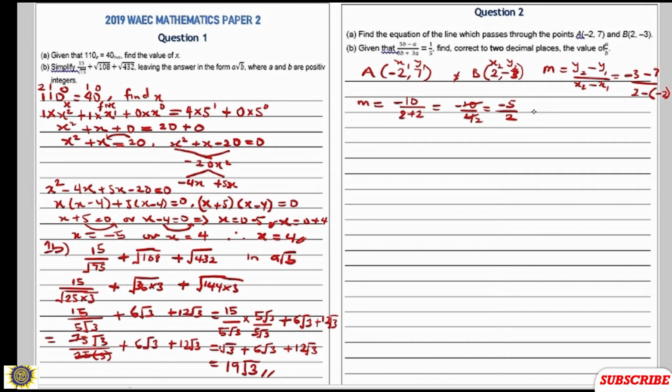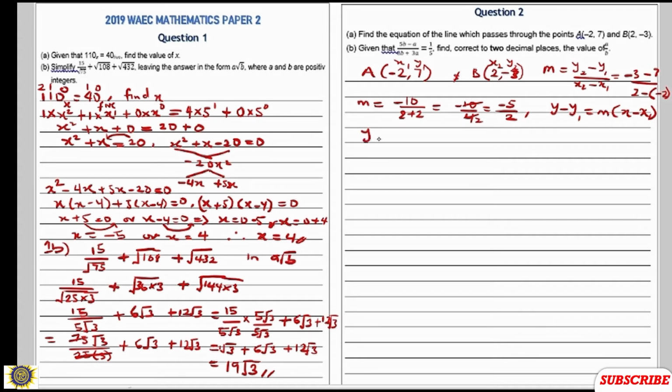Now to calculate the equation of the line itself, the formula for the equation of a line is y minus y1 equals m times bracket x minus x1. So our y will still remain y.